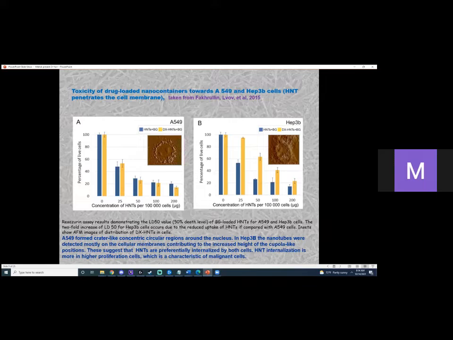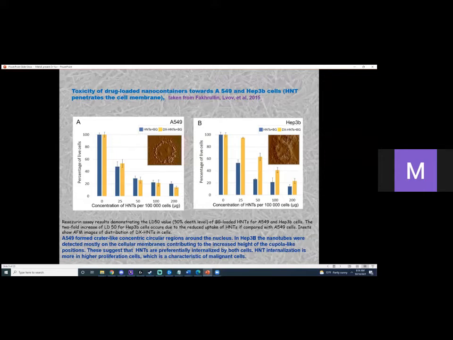The twofold increase of LD50 in Hep3B cells occurred due to the reduced uptake of halloysite compared with the A549 cells. So basically, we see that when the halloysite actually enters the cells, the percentage of cells that live is increased by a lot over just having halloysite with brilliant green without the dextrin stoppers inside, or without the halloysite actually going inside the cells.